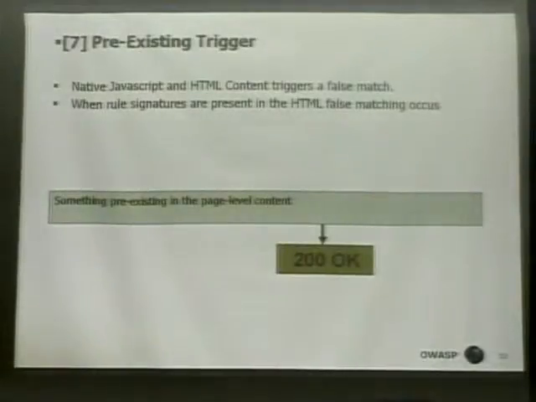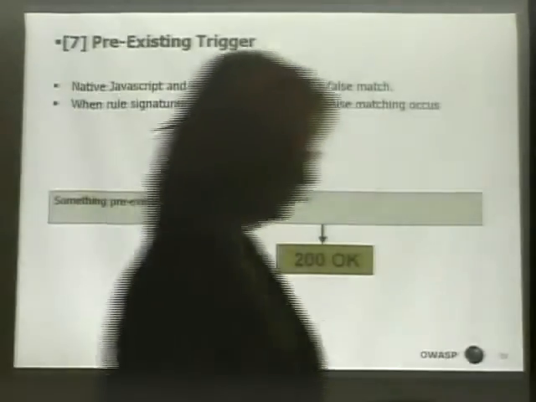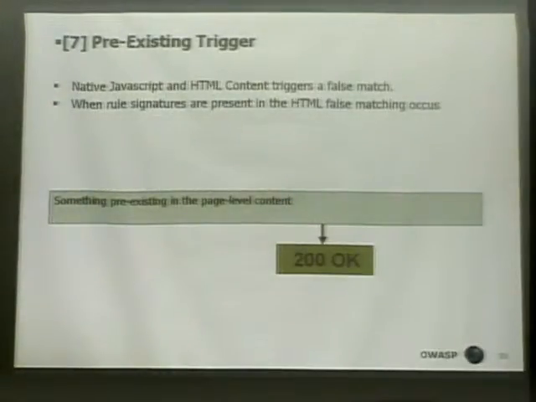The pre-existing trigger one is actually the content in the HTML itself will trigger a false match because it's just looking for a string. So for example, social security numbers or credit card numbers or something like that.